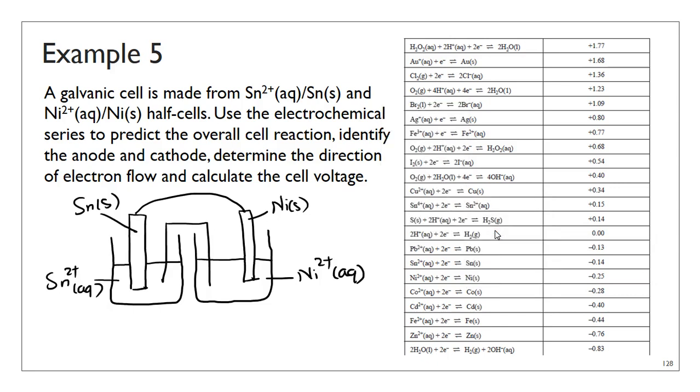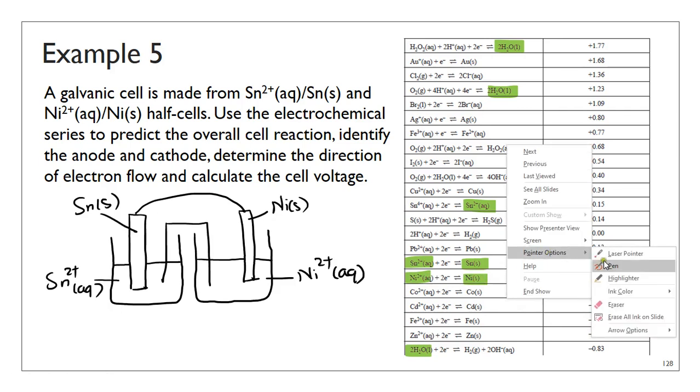You're going to have to use the electrochemical series here, and the principle is very similar. You just need to predict the spontaneous reaction that can occur. I will still list everything that's present, which includes the H2O, because these are solutions. You have Sn2 plus and Sn, and then nickel 2 plus and nickel. That's everything that's present.